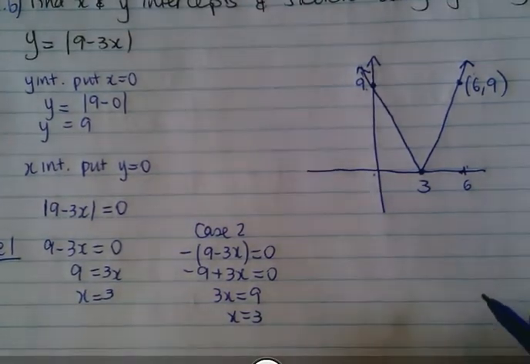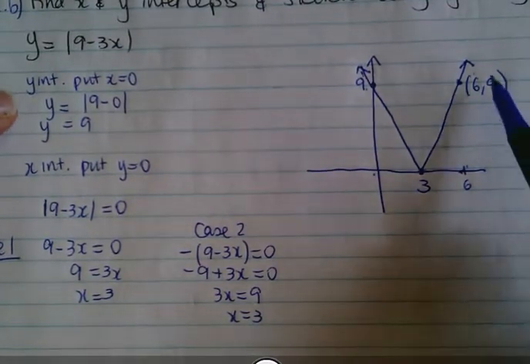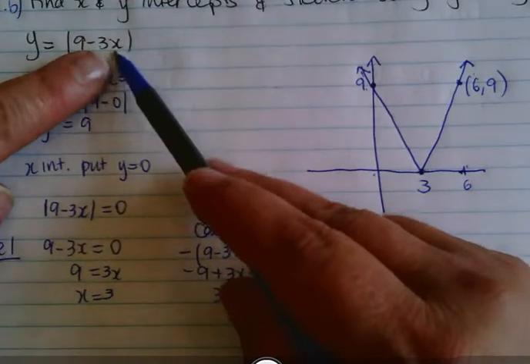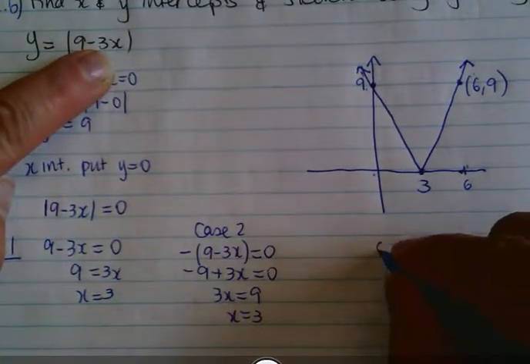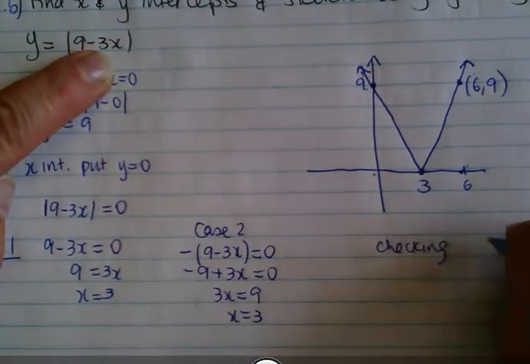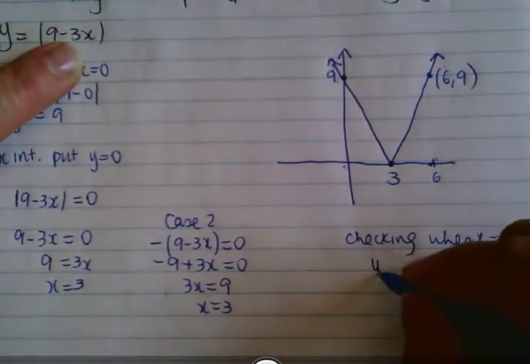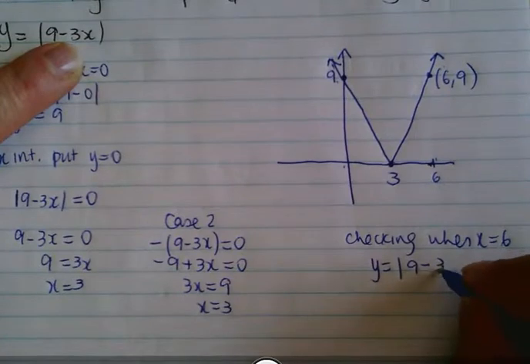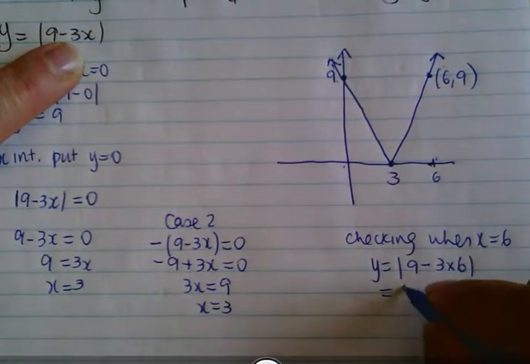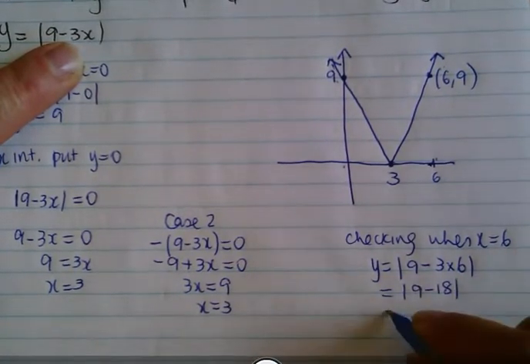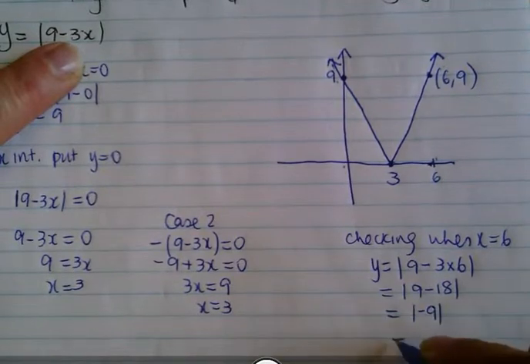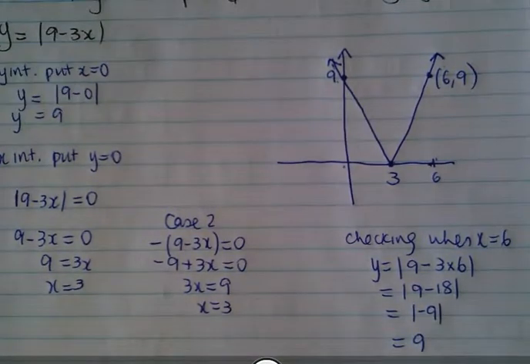And if you want to check that it is correct, you can substitute x is 6 into this equation. So just checking, when x is 6, y equals the absolute value of 9 minus 3 times 6, so it's the absolute value of 9 minus 18, which is negative 9, and the absolute value of negative 9 is 9.